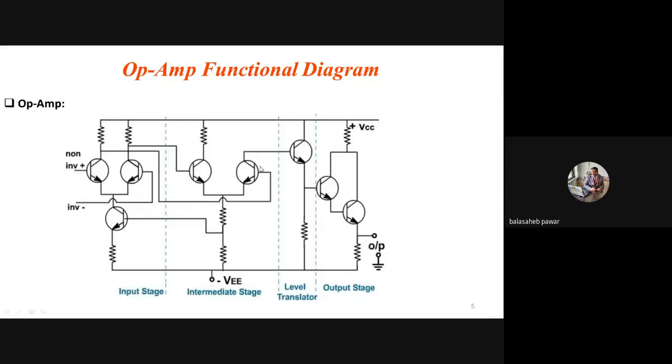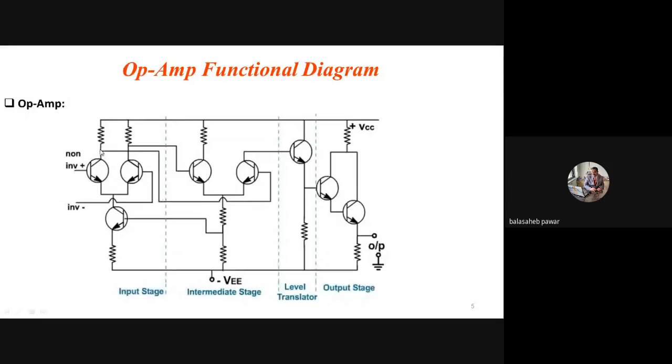Now switch to the second stage and just observe what is the input to the second stage. For the first transistor of the second stage, its input, that is the base terminal, is connected to the collector of the second transistor of the first stage. Similarly, for the second transistor of the second stage, the input comes from the collector of the first transistor of the first stage. So how many inputs are there to this second stage?